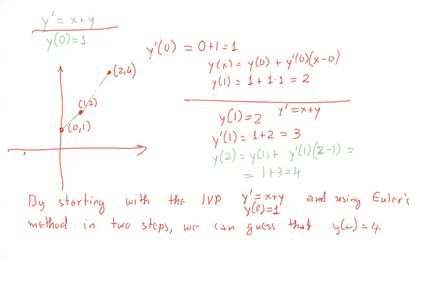And therein lies the idea behind the proof of Picard's theorem. If you go through the proof of that theorem, you will realize that one builds an approximate solution using Euler's method, and eventually shows that as the number of steps tends to infinity, what you actually get is the real solution.